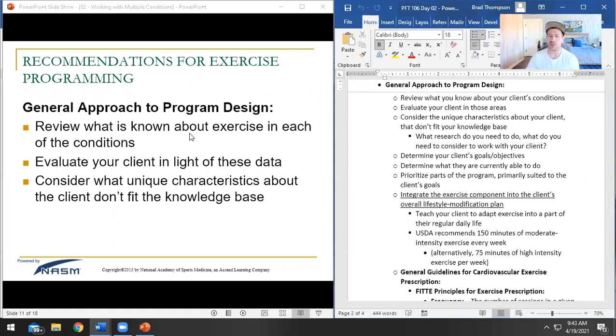First, always review what you know about the exercise as it relates to your client's conditions. So if you have a client who, let's say, has osteoporosis, we know that means low bone density. And we know that foam rolling is contraindicated for osteoporosis. Contraindicated means something that you should avoid.